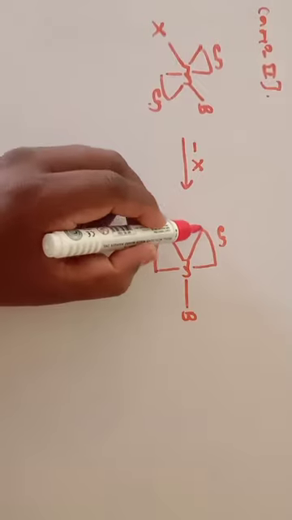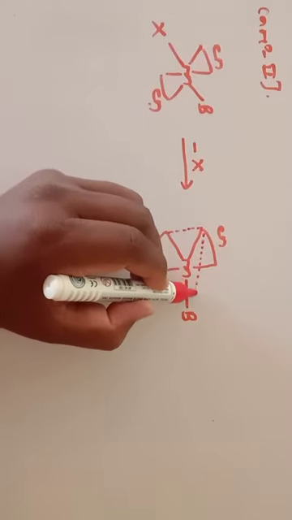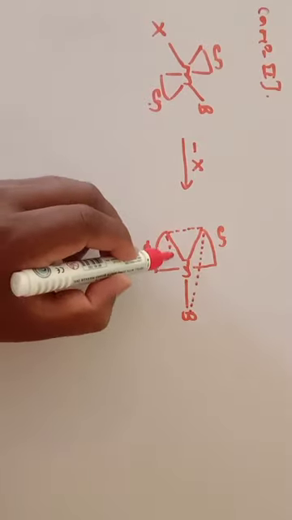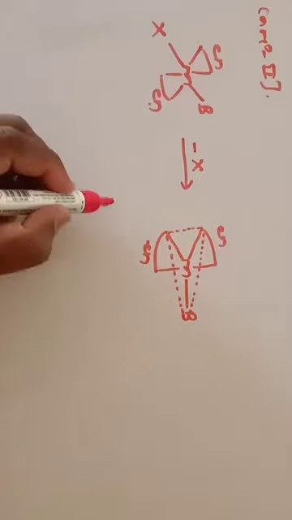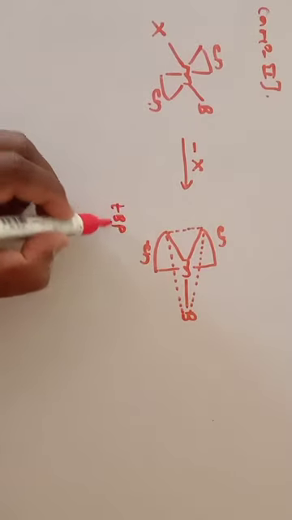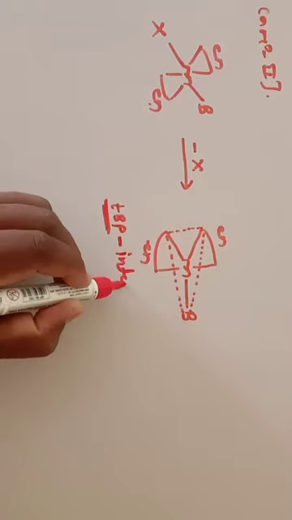And if you consider, this is your trigonal plane. So we get this after dissociation of this X ligand from this complex. We get the trigonal bipyramidal intermediate, TBP intermediate.